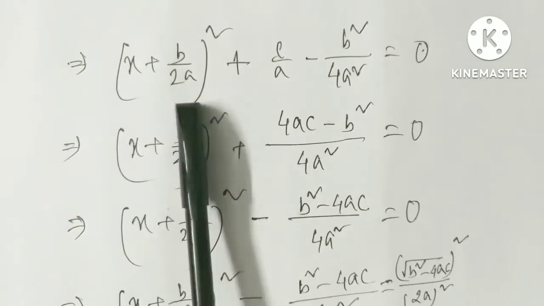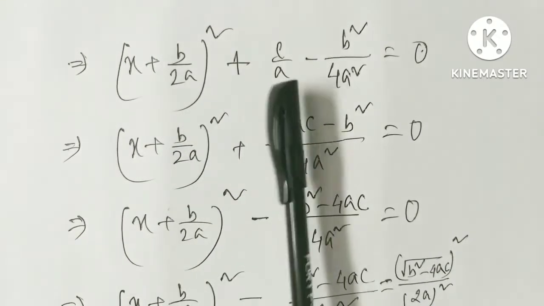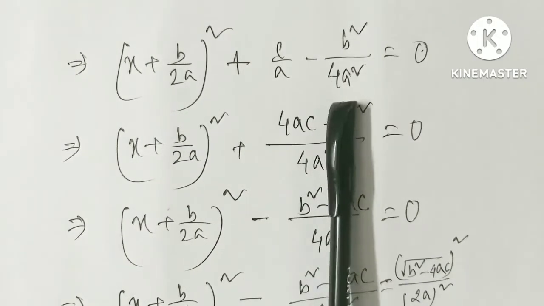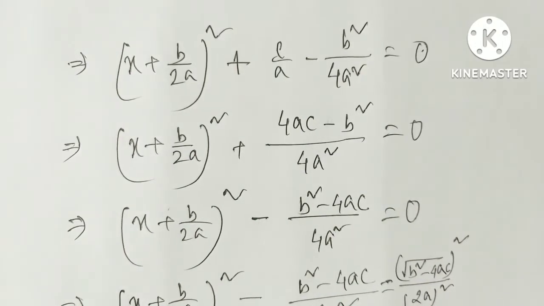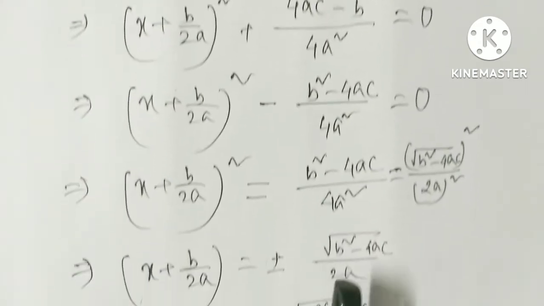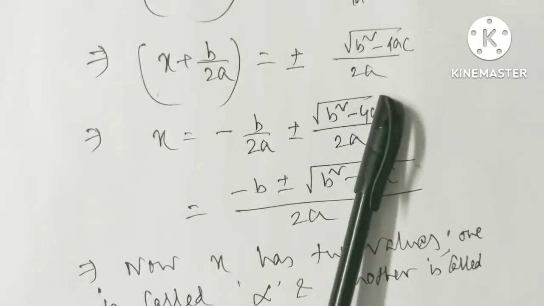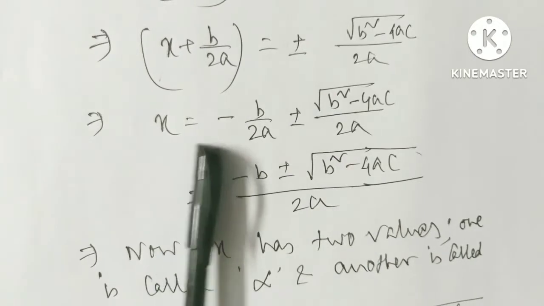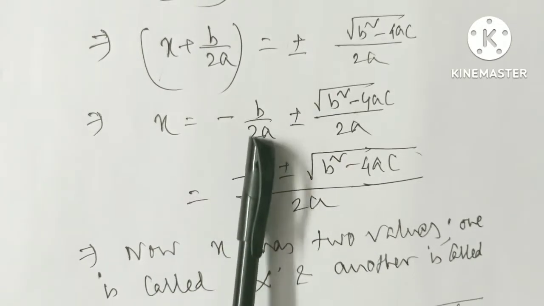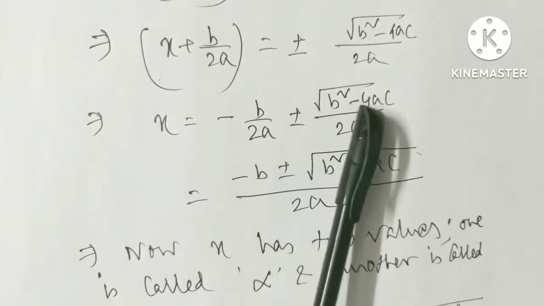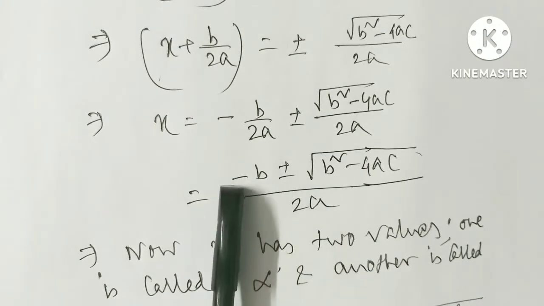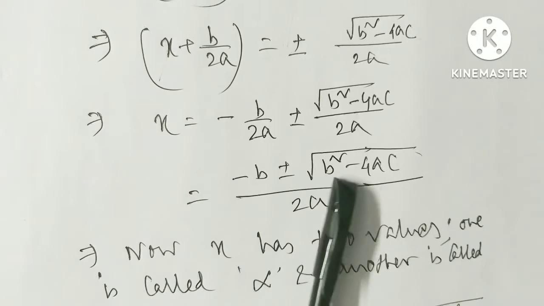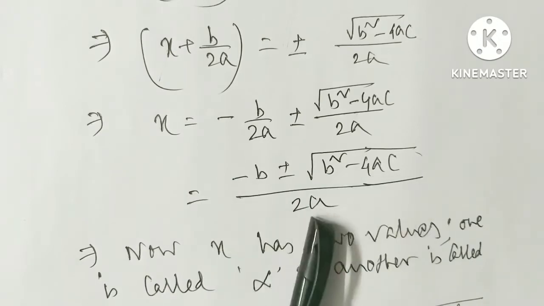So (x + b/2a)² + c/a − b²/4a² = 0, and by calculation we get x + b/2a = ±√(b² − 4ac)/2a, that is x = −b/2a ± √(b² − 4ac)/2a. Taking LCM 2a, x = (−b ± √(b² − 4ac))/2a.